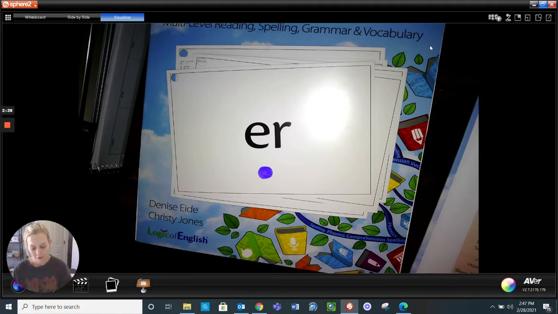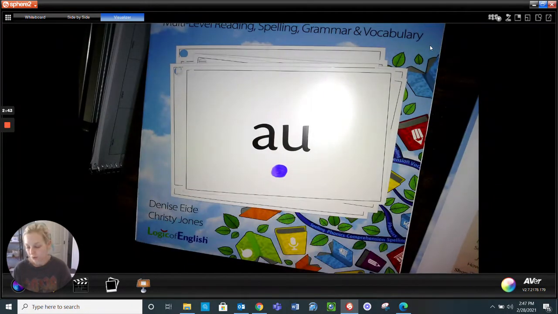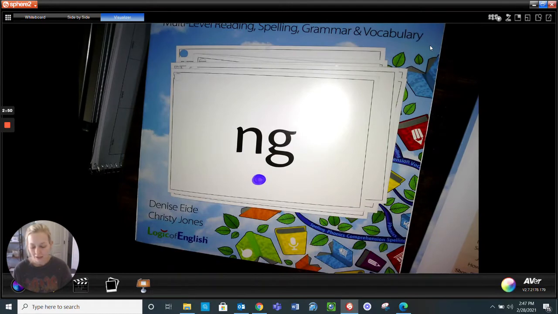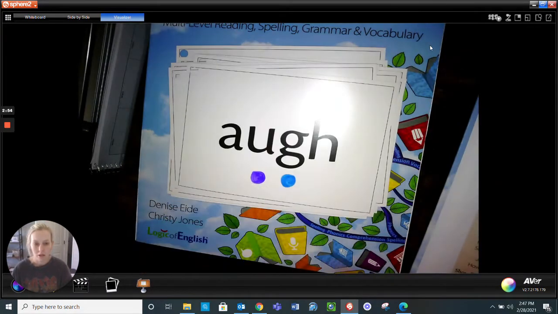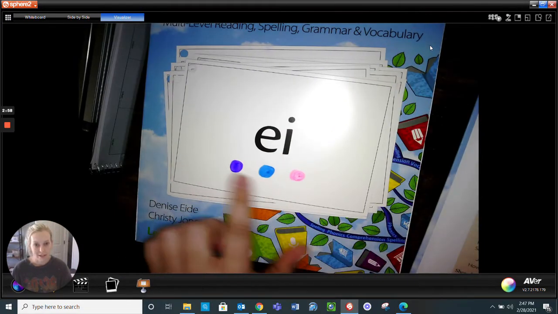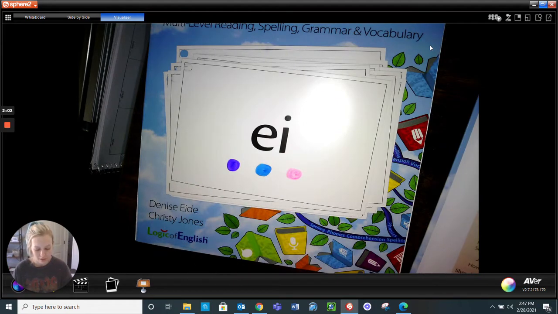The of her. Ah, 2-letter ah may not be used at the end of English words. Ng, or, af. A, E, I may not be used at the end of English words.